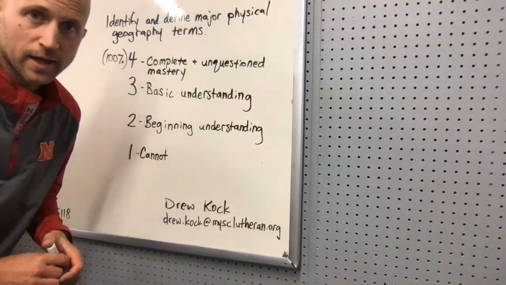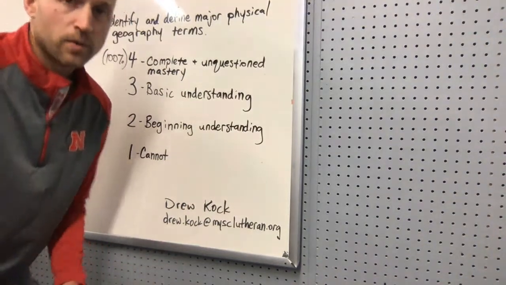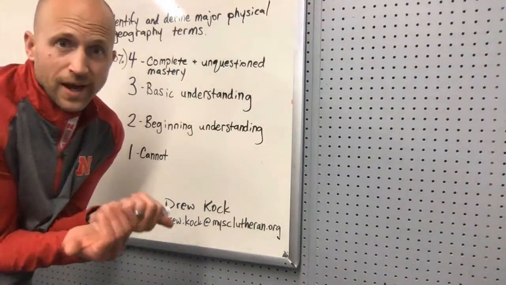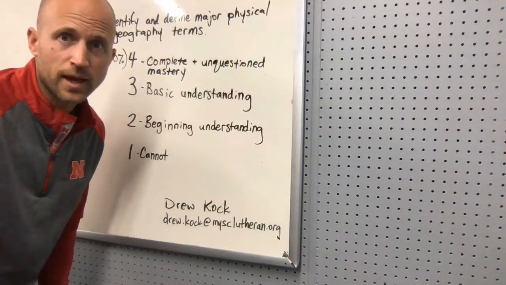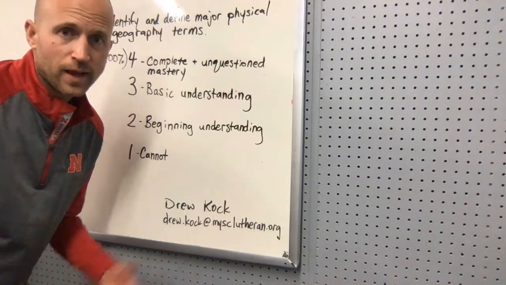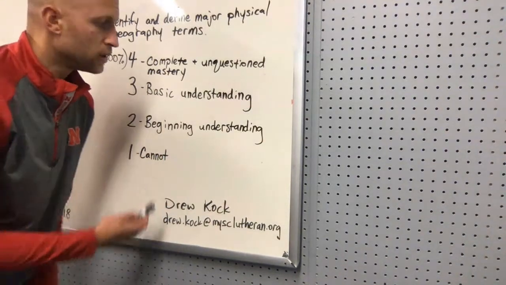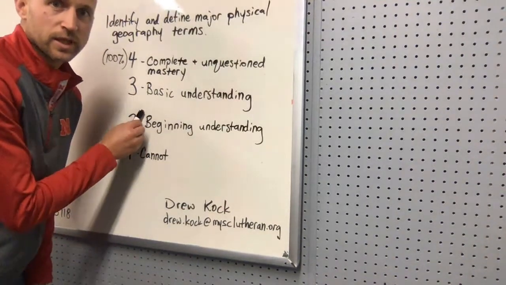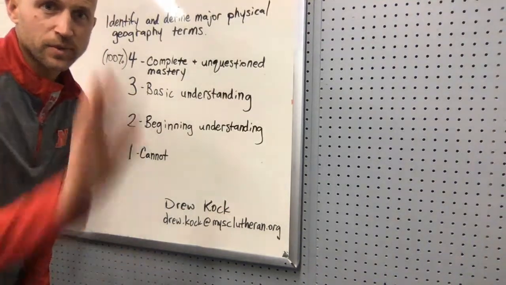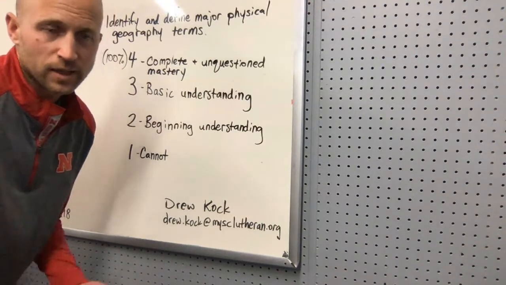That doesn't mean that you're horrible, and that doesn't mean that you're a terrible student. What it means is we just know right now you can't do this. And that's okay, because if we know that you can't do it, now we know we need to do some practice so that you can start building up to the next levels. And this is something we'll talk about tomorrow when we go through a little bit more grading stuff.